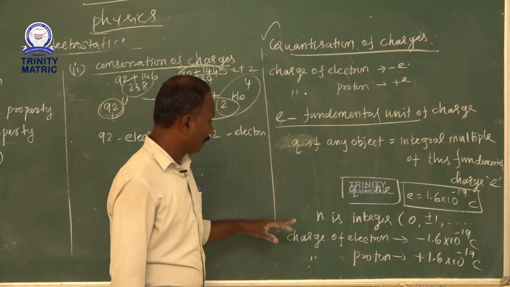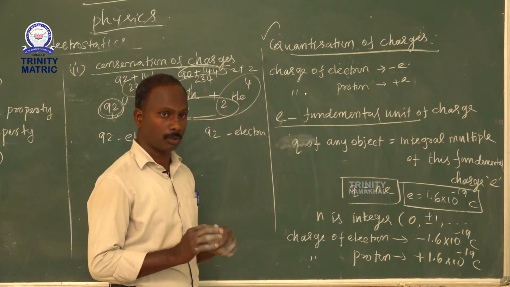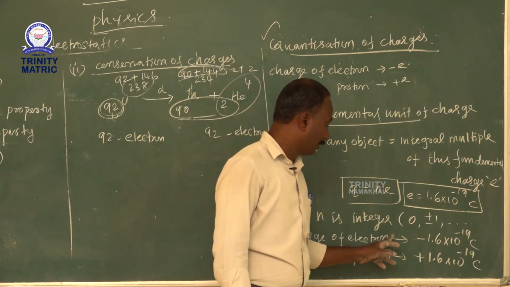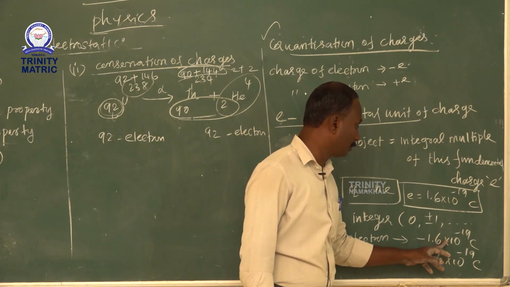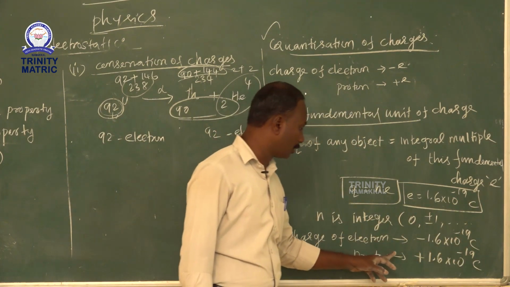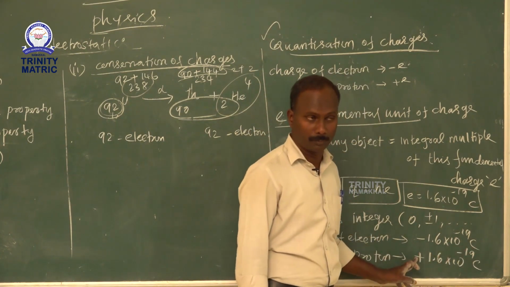Now how to represent the charge of electron and charge of proton? The charge of electron is minus 1.6 × 10^-19 coulomb, and the charge of proton is plus 1.6 × 10^-19 coulomb.